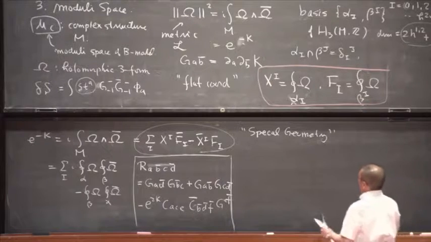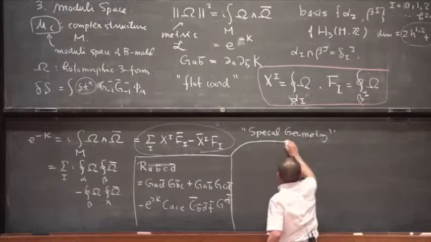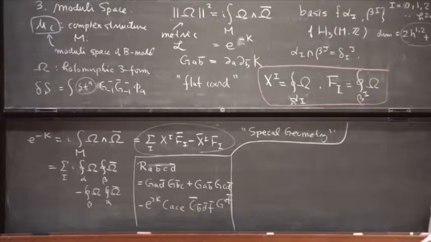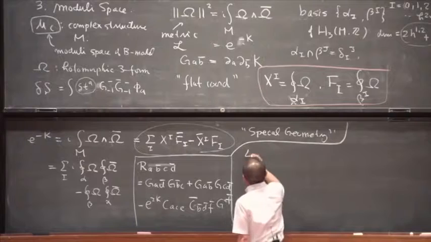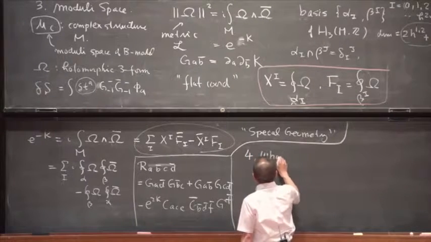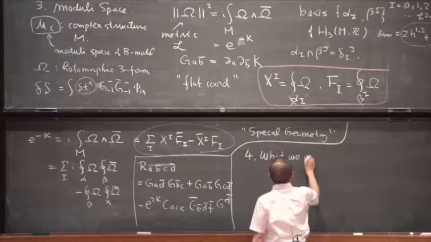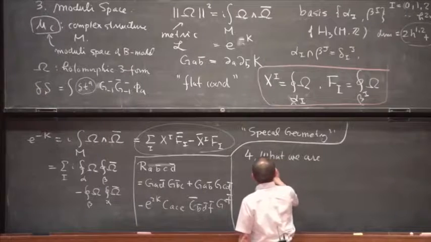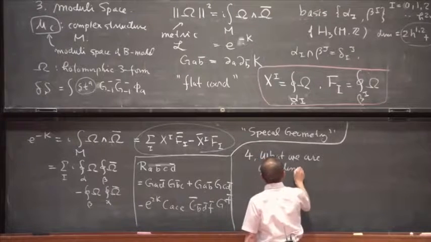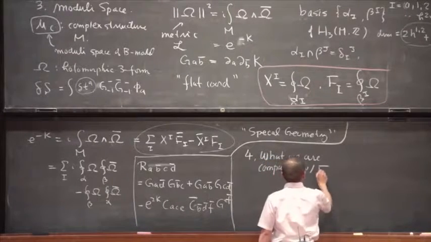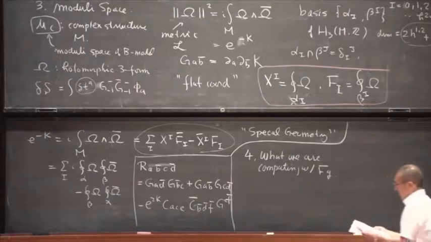Okay? So now, this was the preparation for the rest of the talks. I wanted to first tell you what is the space on which we are doing this type of computation. So the next step is actually to tell you what we are computing. Okay?